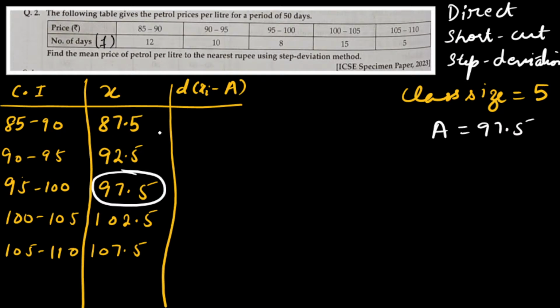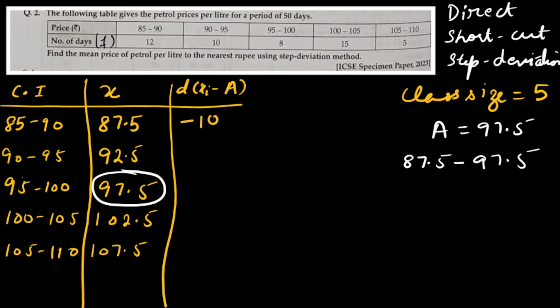Deviation we'll find first. The first x value is 87.5 minus A, and A is 97.5. So what will we get? Minus 10.